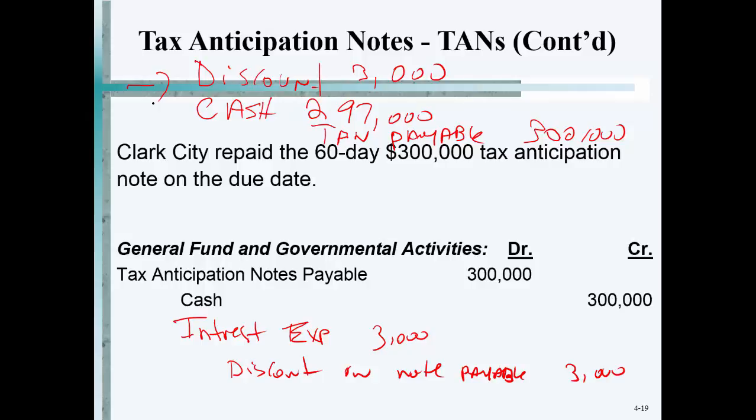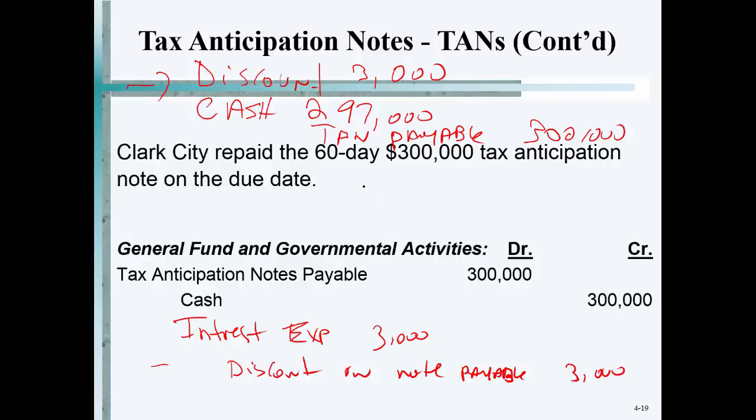Debit the discount for the difference between the amount that you're ultimately going to have to pay back and the amount of cash you got. And then when we pay the note back, we will do what? We'll have to pay them how much cash? $300,000. I should probably pay the principal too, right?